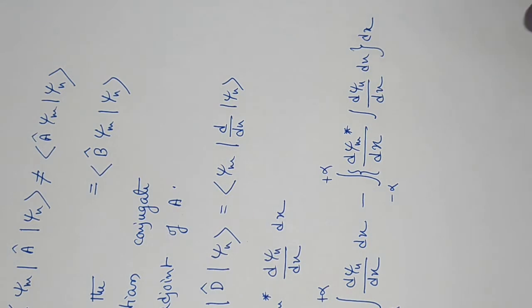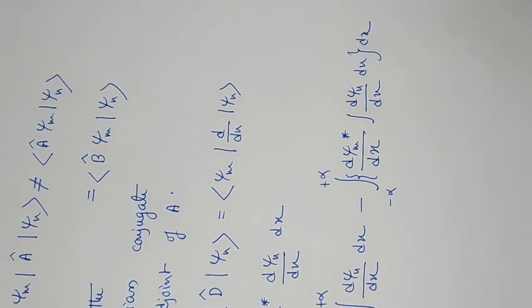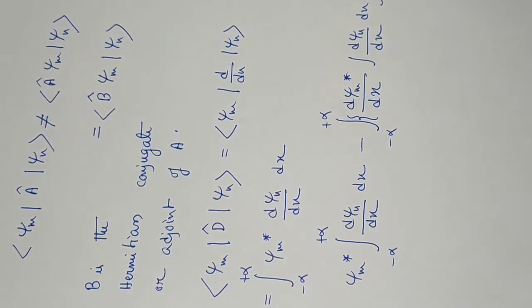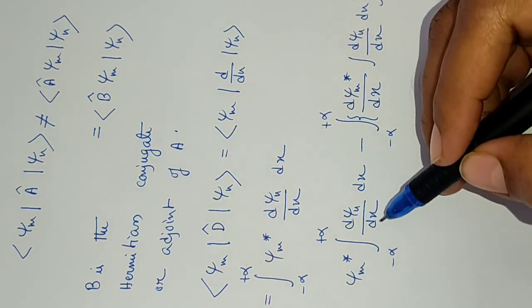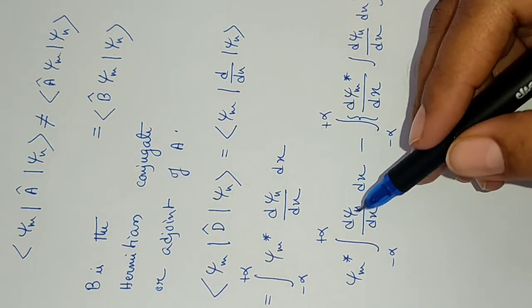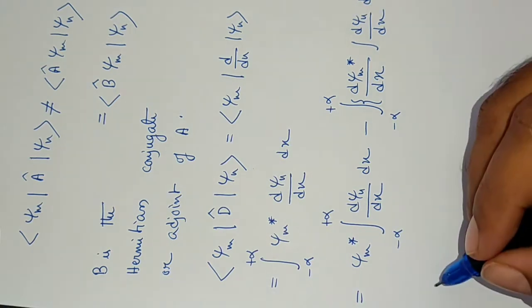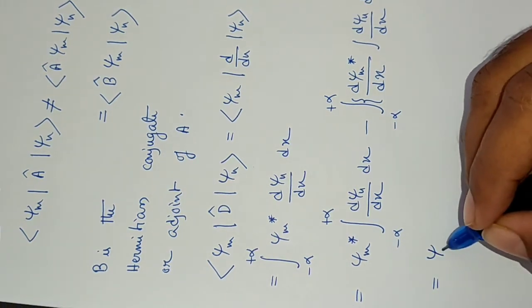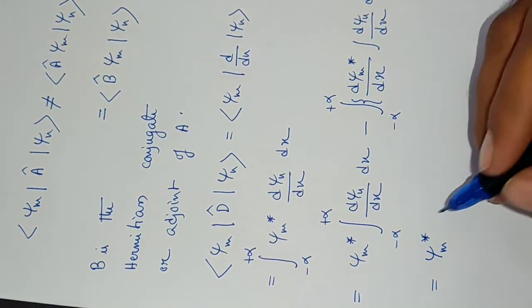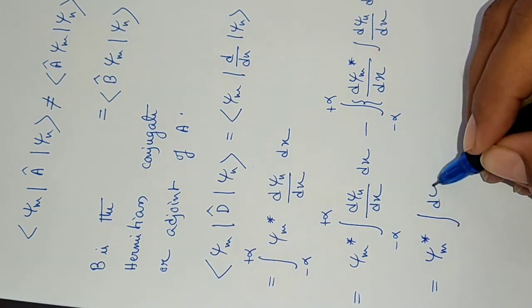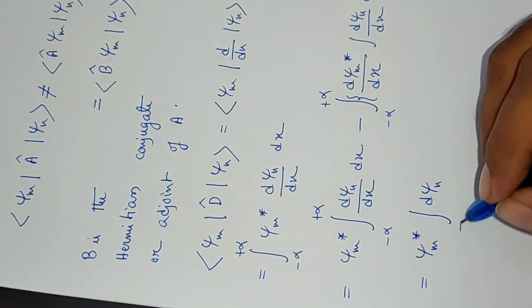This is the integration by parts as defined in mathematics. Now this dψn/dx, that is d/dx of ψn dx, will be equivalent to dψn.